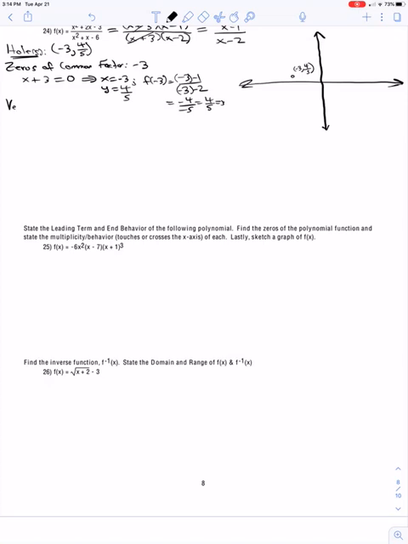Let's go ahead and talk about any vertical asymptotes. So those are imaginary vertical lines that are going to shape this graph. And remember, to find those, we're looking at the zeros of the denominator factors. So we've got a factor of x minus 2.